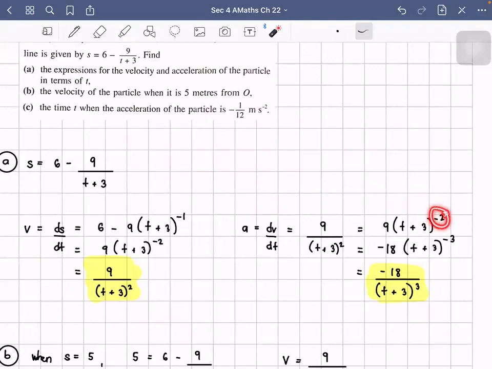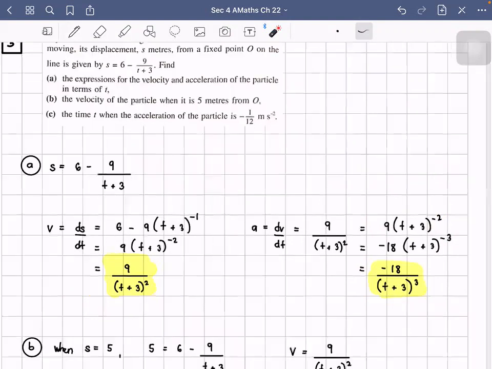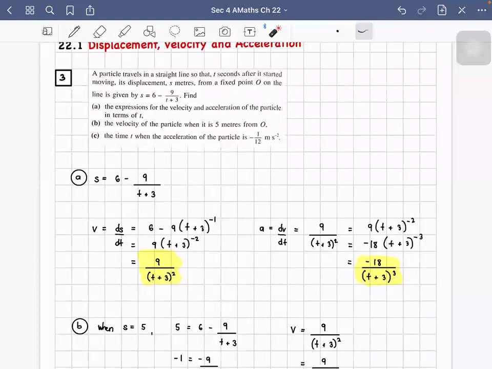Okay, so deriving this, negative 2 times 9 is negative 18. Negative 2 minus 1 is negative 3. So therefore, my acceleration function is negative 18 over (t + 3) cubed. Okay, so that's letter A. So those are the functions for displacement, velocity, and acceleration.